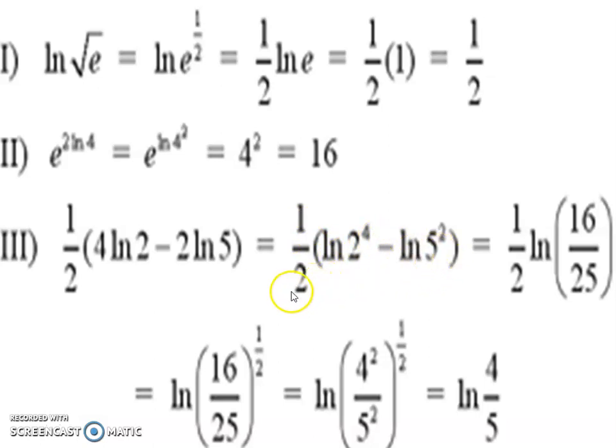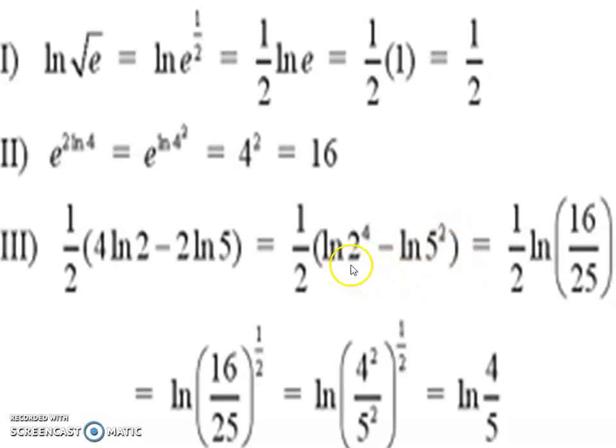Students, always remember that when ln or log is multiplied by any number, that number goes to the index. I explain again: if log or ln has a number multiplied on the left-hand side, that number goes to the index. Be sure about this trick. So 2 raised to 4 is 16 and 5 raised to 2 is 25.